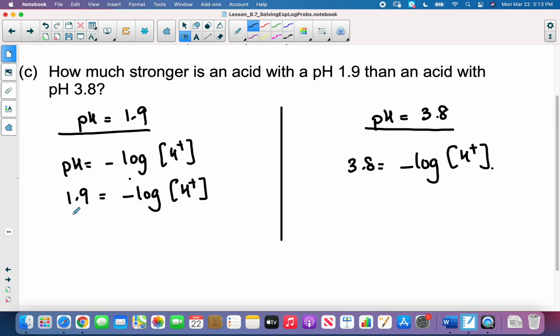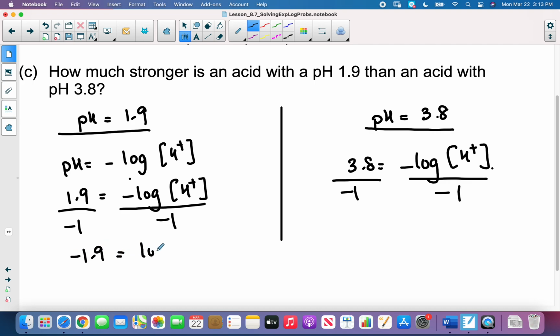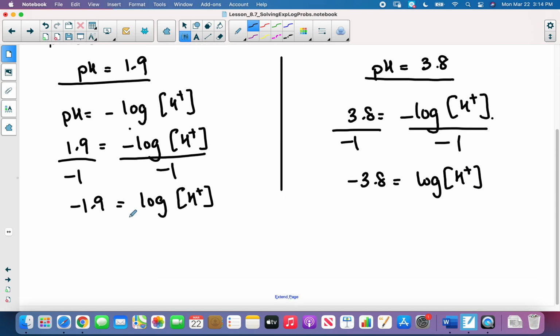So we divide both sides by negative 1. Same thing here, by negative 1, and we get negative 1.9 equals log of the hydrogen ion concentration. Negative 3.8 equals log of the hydrogen ion concentration. And to find this, 10 to the power of negative 1.9 will work out to the hydrogen ion concentration here, and 10 to the power of negative 3.8 will be the hydrogen ion concentration here.